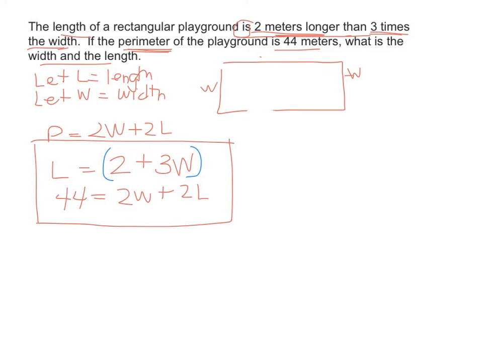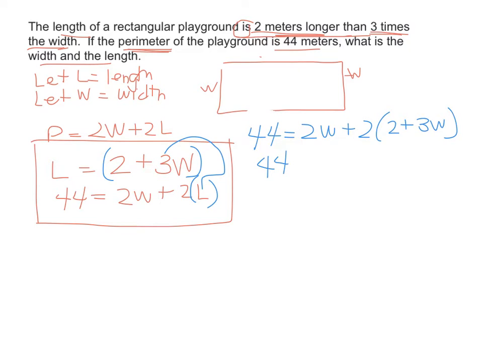So I can just put a parentheses around that and then put parentheses around my L here and substitute in. 44 equals 2W plus 2 times, so I'm substituting this right in here, 2 plus 3W. So distributing, 44 equals 2W plus 4 plus 6W.